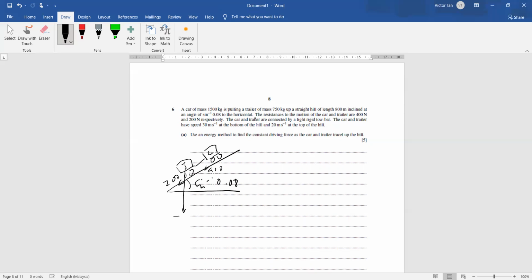The trailer's weight is 7,500 Newton. The car's weight is 15,000 Newton. This is angle theta. The car and trailer are connected by a light rigid tow bar.